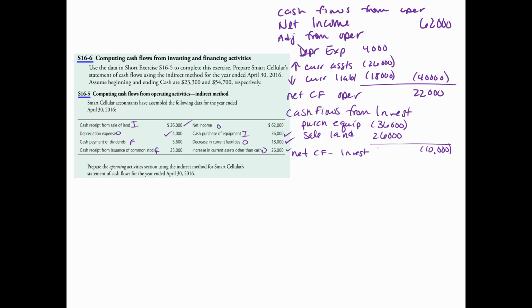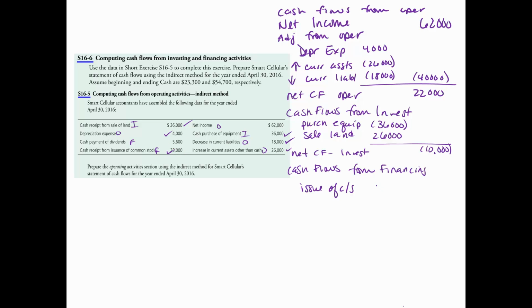And then I'll do cash flows from financing, which will be my long-term liabilities and my equity, and I have two of those, right? So I have cash receipt from the issuance of common stock, so that's money coming in.